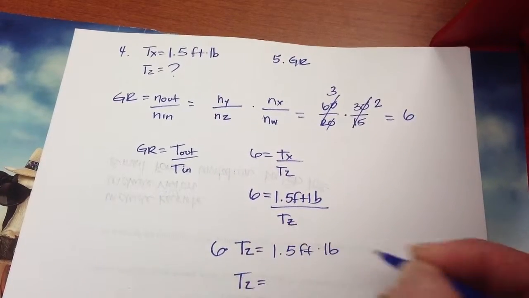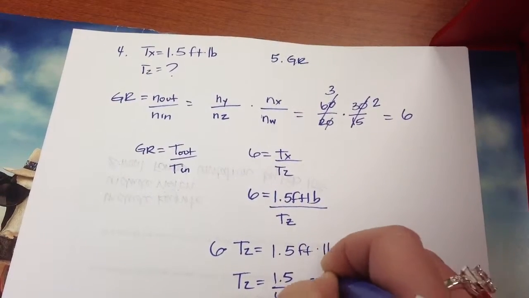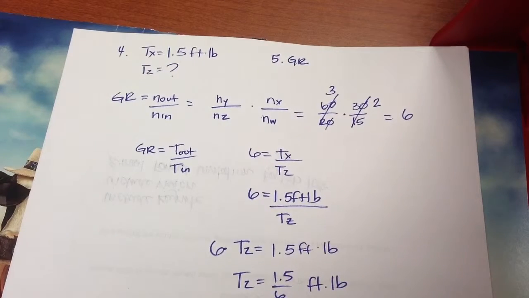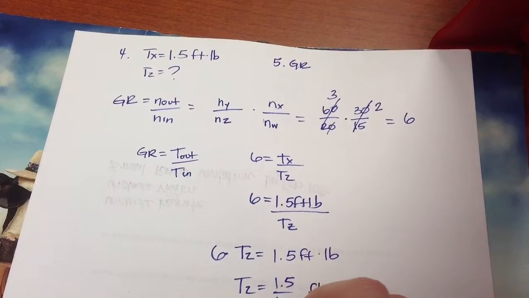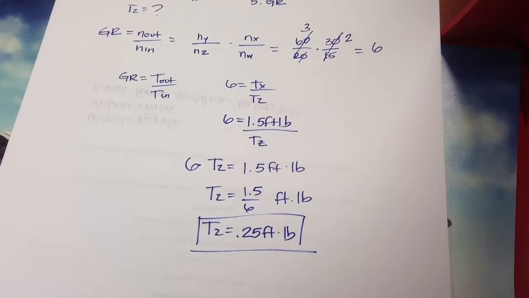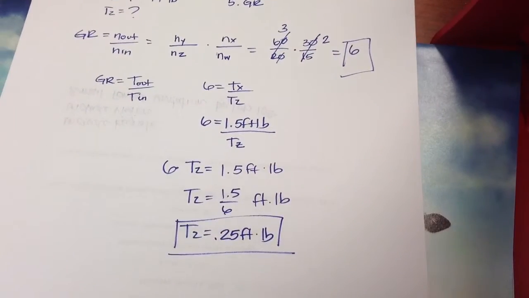So Tz works out to be 1.5 divided by 6 foot-pound. When I punch that in my calculator, it's going to be 0.25 foot-pound. Oops, sorry, I went off the screen again. So the overall gear ratio was 6, that's the answer to number 5, and the torque at Z is 0.25 foot-pounds. Hope that helps.